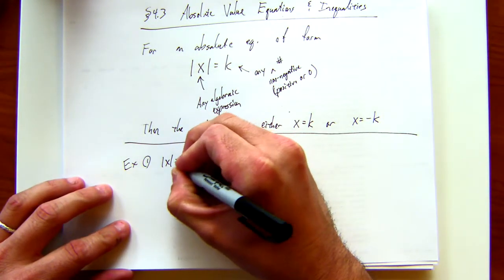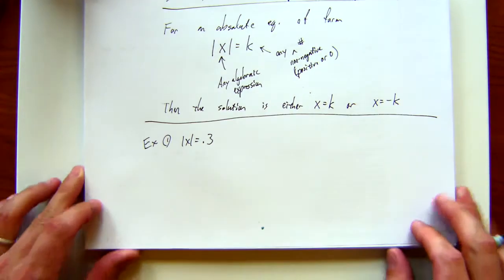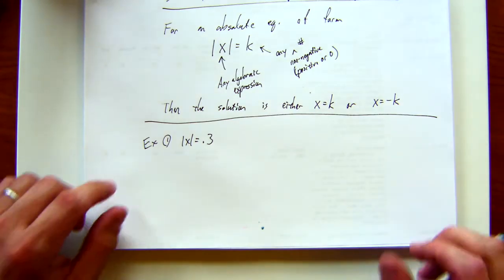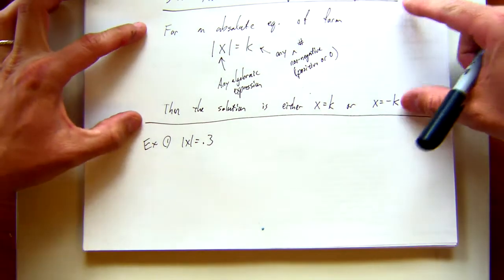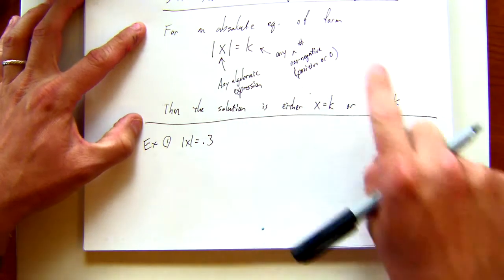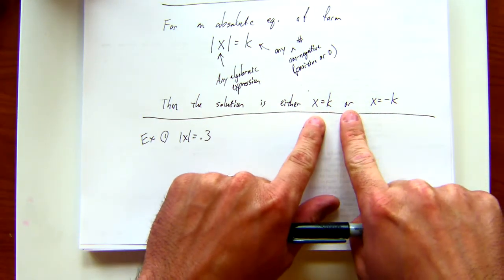Absolute value of x is equal to 0.3. So my notes here tell me if I have an absolute value equation, then I'm going to have two answers. Either this one or this one.